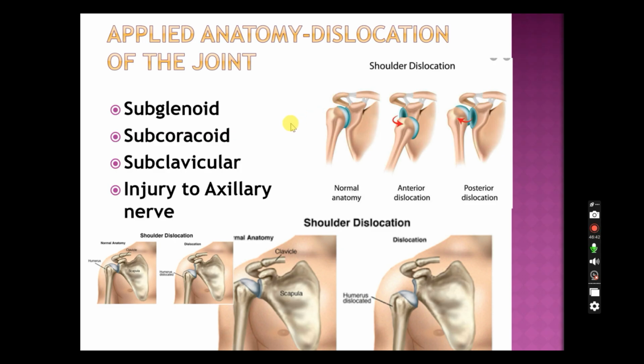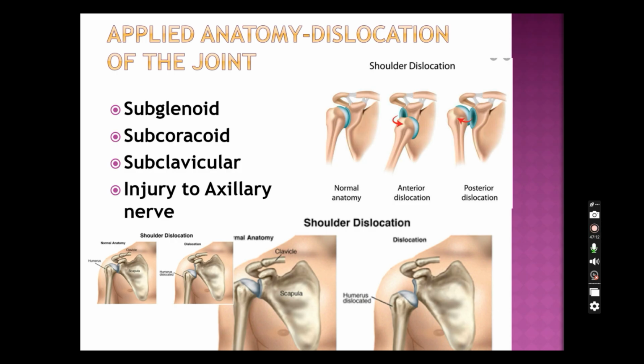Okay. So here in abduction, apart from the prime movers, the infraspinatus, teres minor and the subscapularis act as a group and prevent the separation of the head of the humerus from the glenoid cavity.